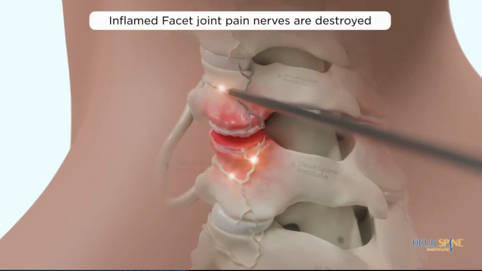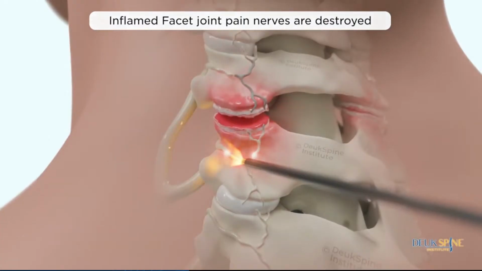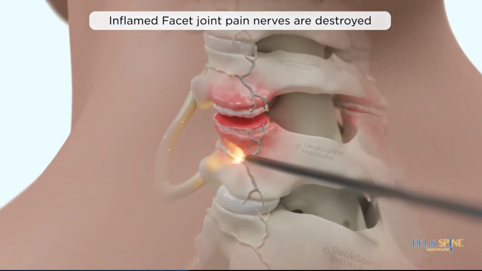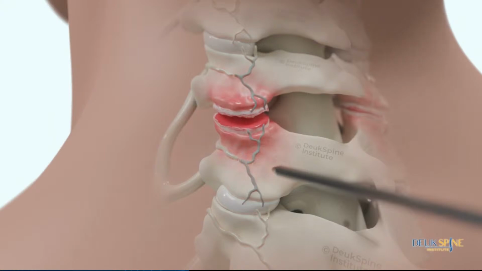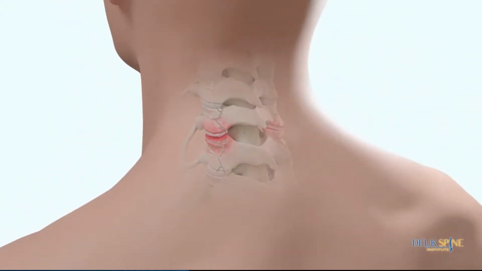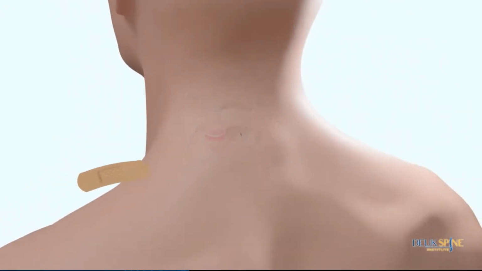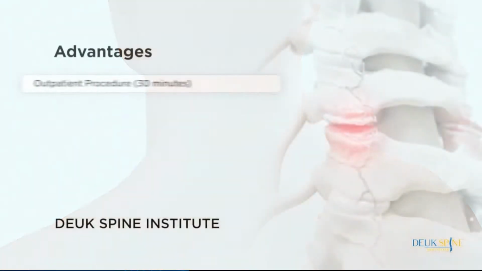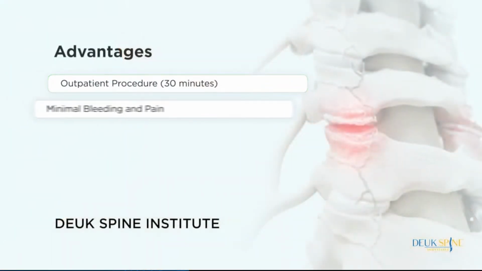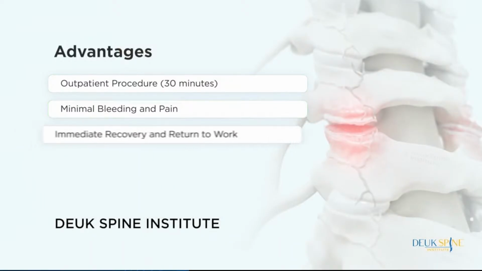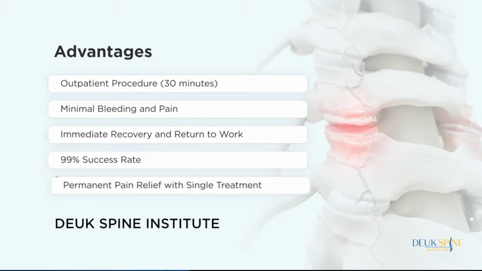The inflamed facet joint pain nerves are destroyed. The advantages with the Deuk plasma rhizotomy is that it's an outpatient procedure that takes 30 minutes to complete, with very minimal bleeding and pain after the surgery, immediate recovery and return to work the next day, as well as a 99% success rate and permanent pain relief with a single treatment.